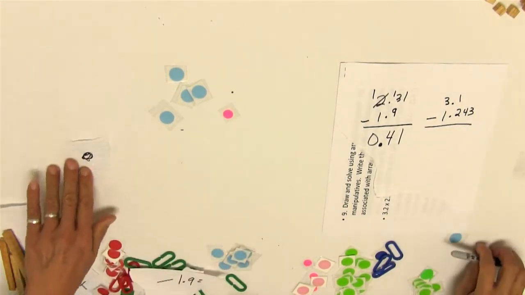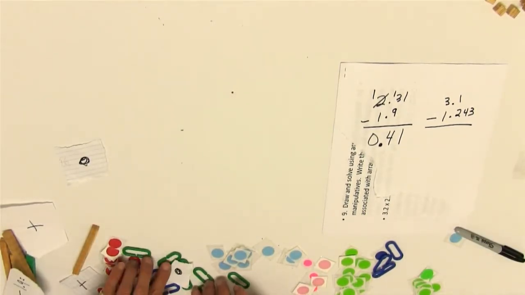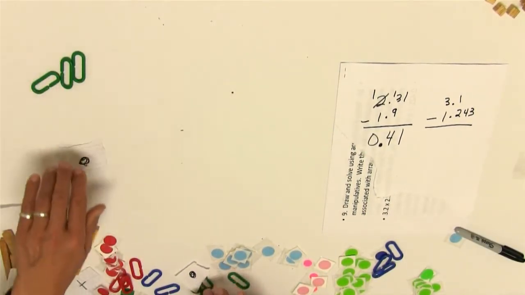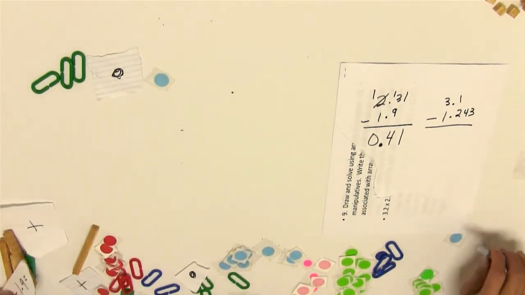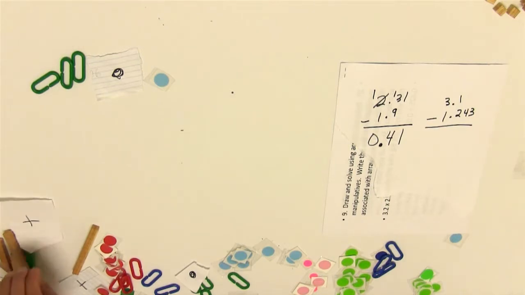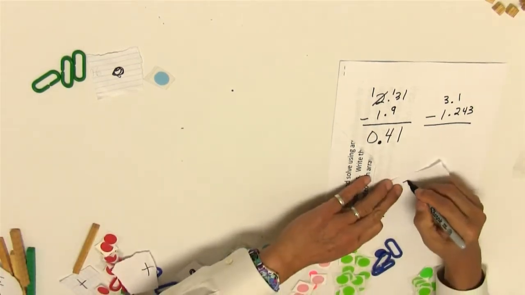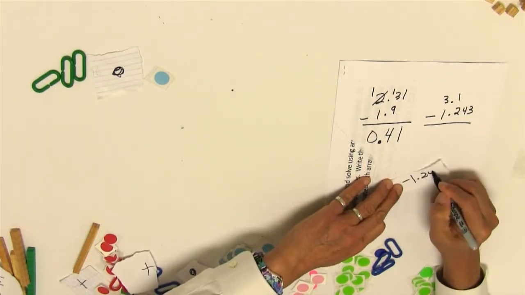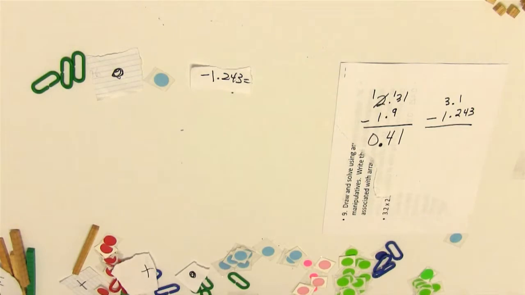So I better set up my problem. Here's my 3 and 1 tenth minus 1 and 243 thousandths. There's my setup.